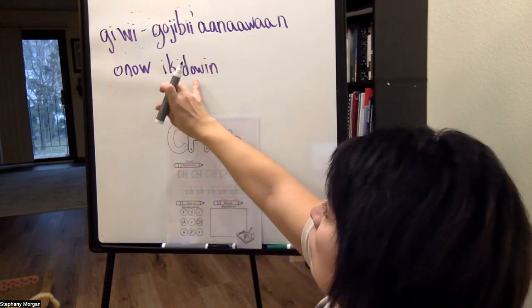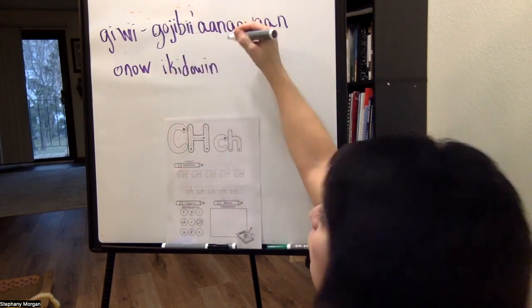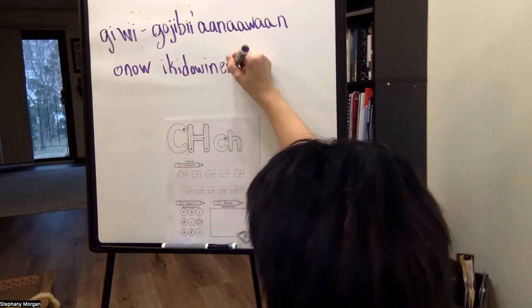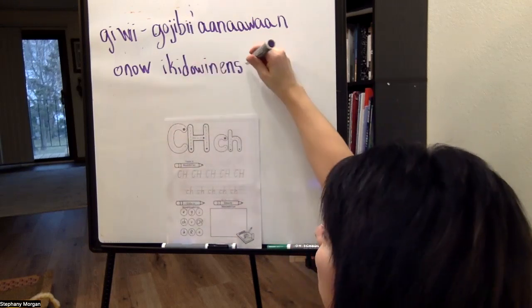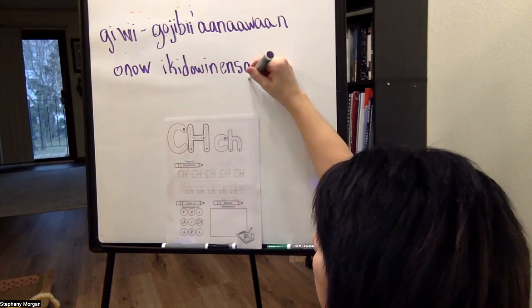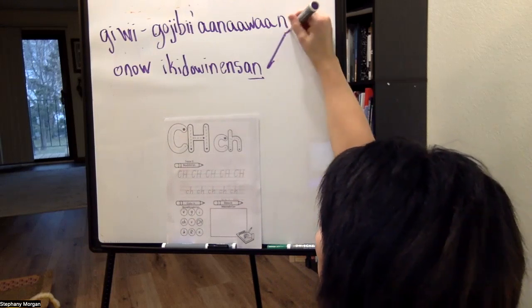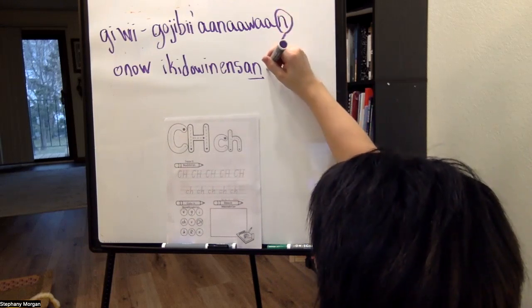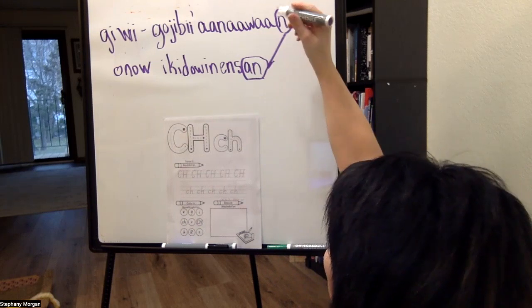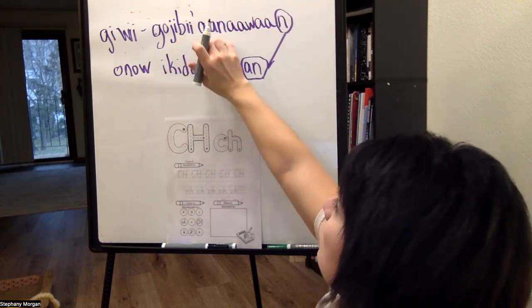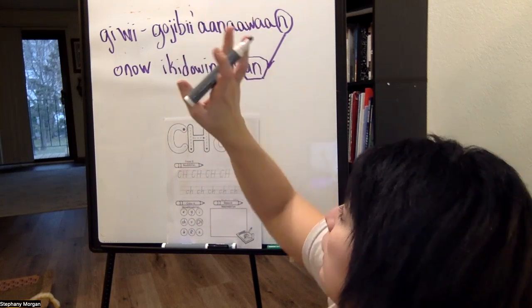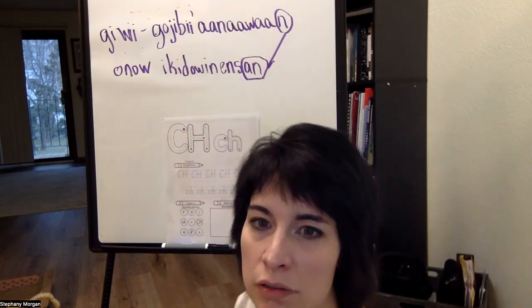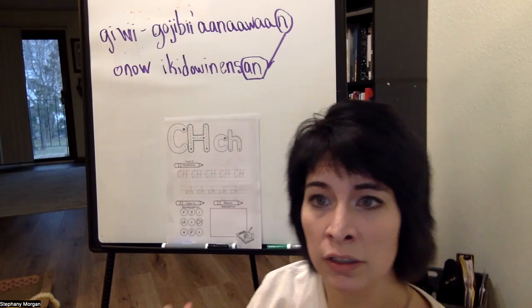Kidowin is the word, means a word. Ikidowinens, that's diminutive, referring to a letter. And then un, because there's more than one letter. And this right here is plural agreement, where the object receiving the action is pluralized on the end of the verb and on the object. So that means you can tell that there's more than one object.